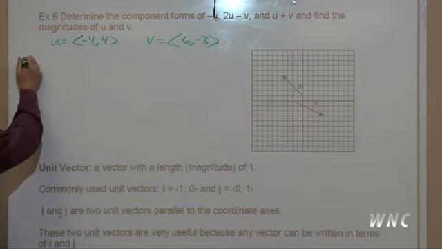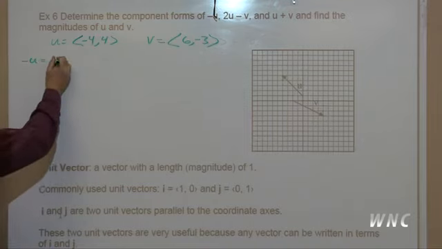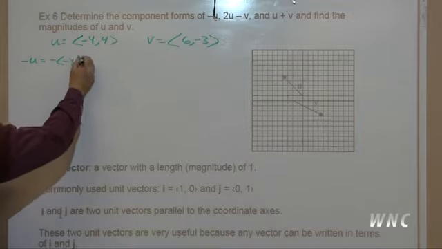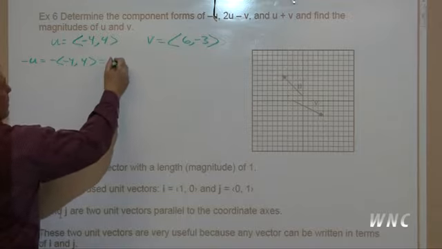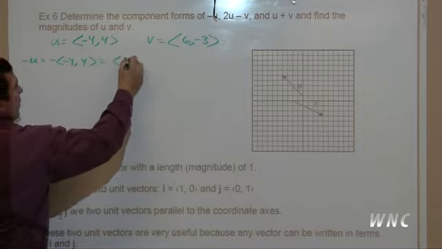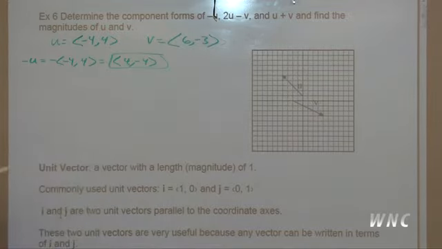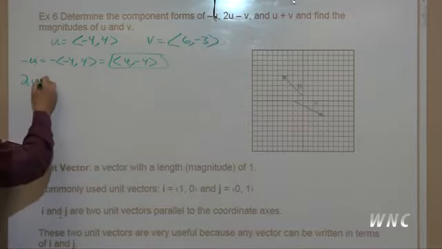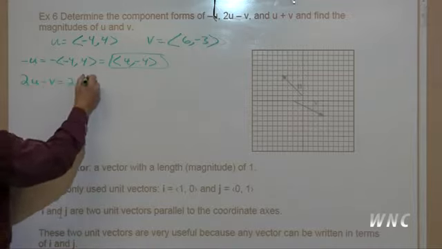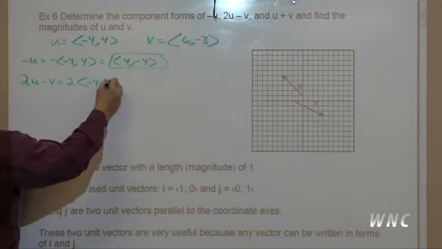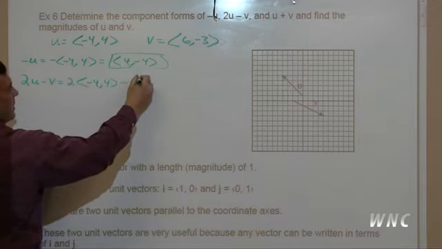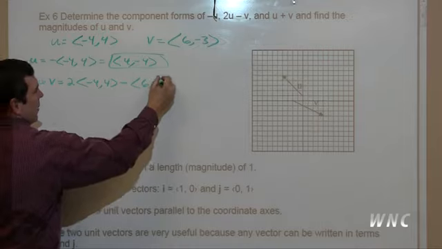So our first part, we want to find negative u. That's going to be the negative of negative 4, 4, and that's going to be 4, negative 4. Then we want to find 2u minus v. That's going to be 2 times the vector negative 4, 4, minus 6, negative 3.